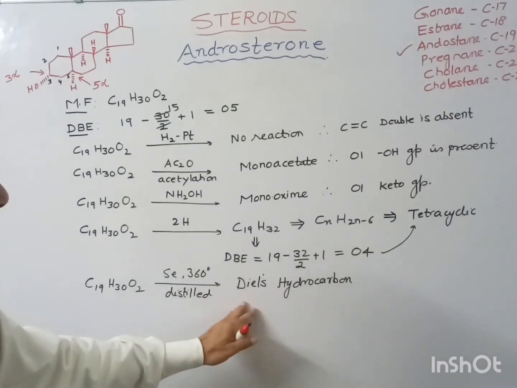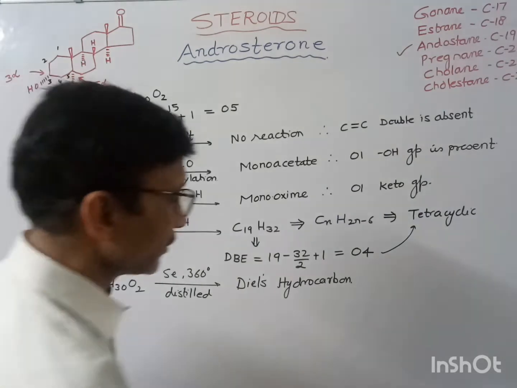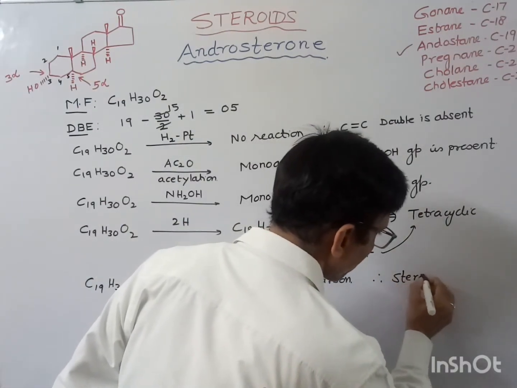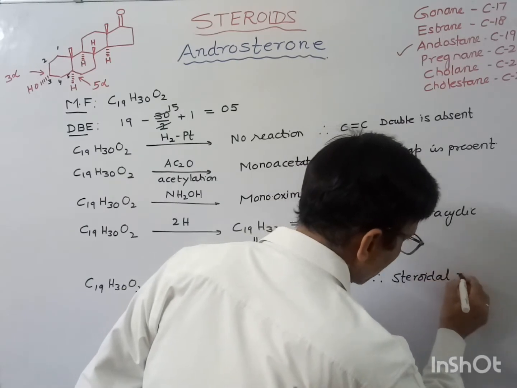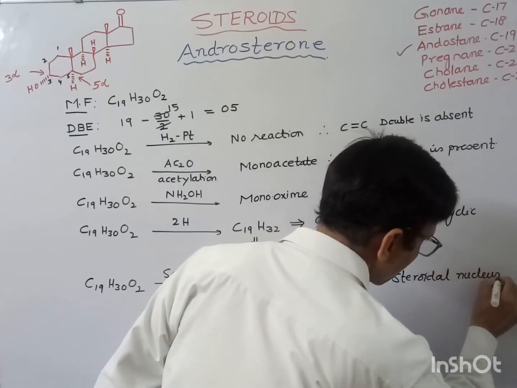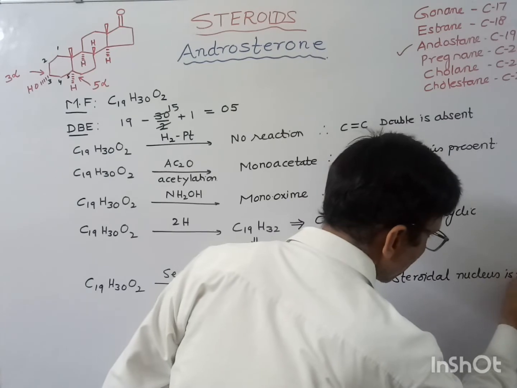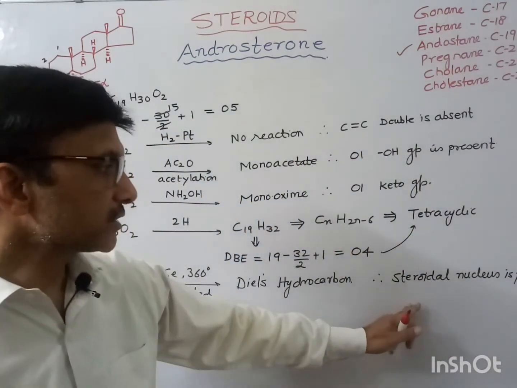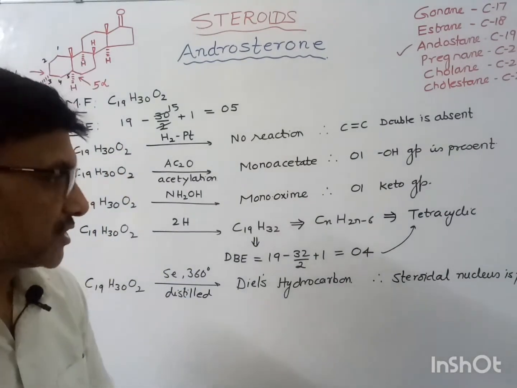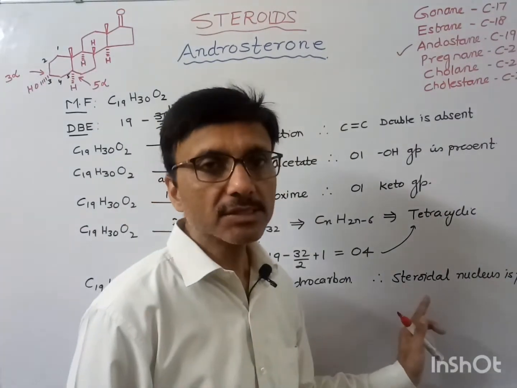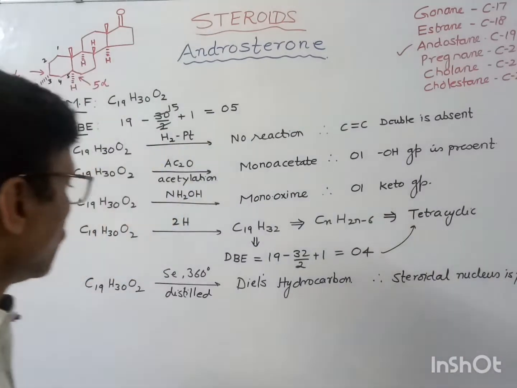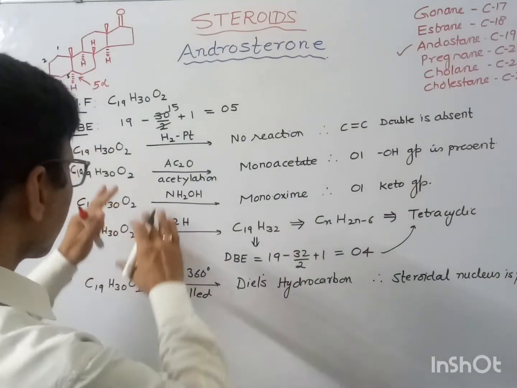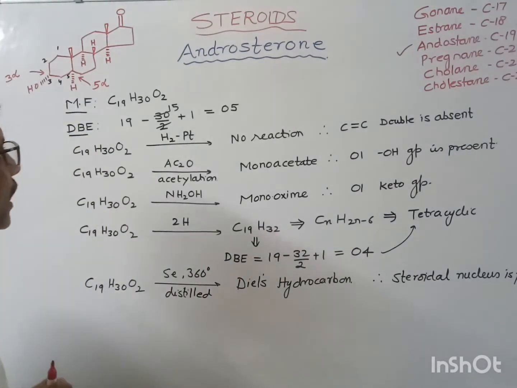It indicates the presence of the steroidal ring. That is, therefore, the steroidal nucleus is present, and this steroidal nucleus, no doubt, contains the four rings, and one of the substituents is present at the 17th carbon.